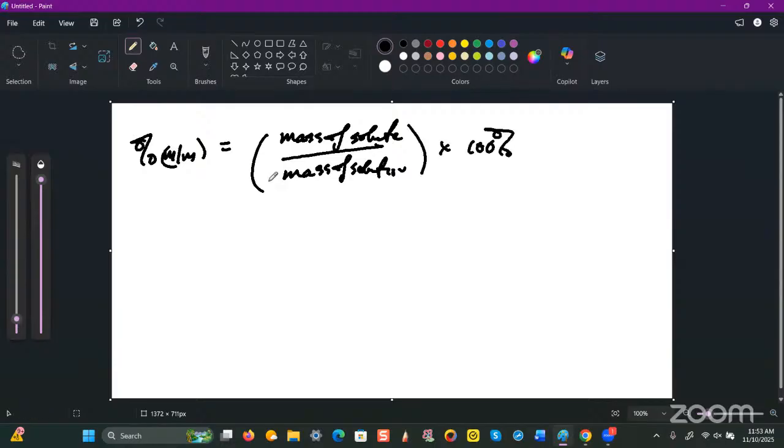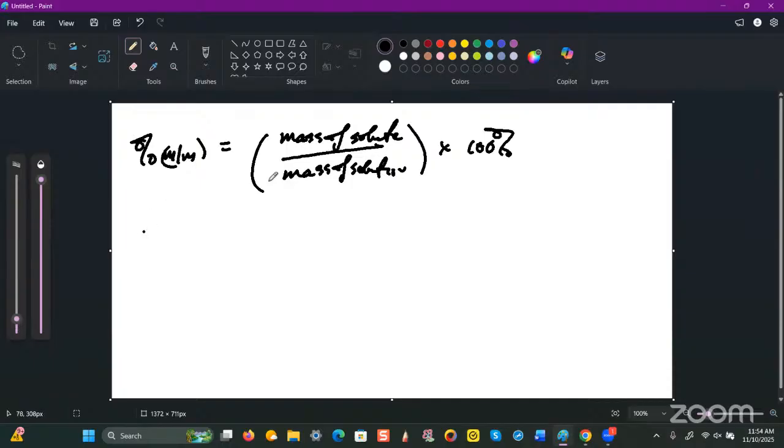It doesn't matter what the units of mass are, as long as they're the same for both the solute and the solution. So it could be in grams, or kilograms, or pounds. So that's how we determine the percent by mass, right?